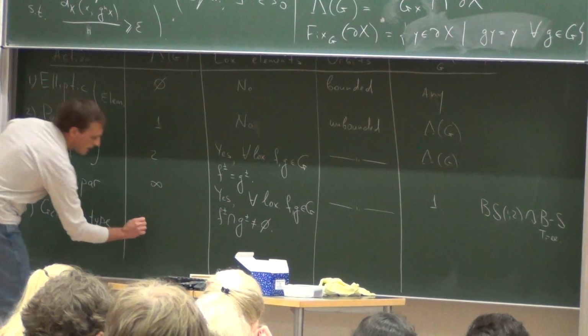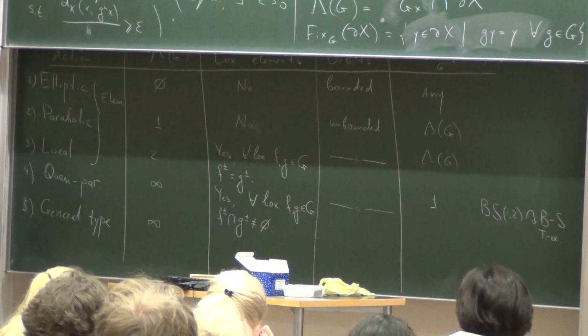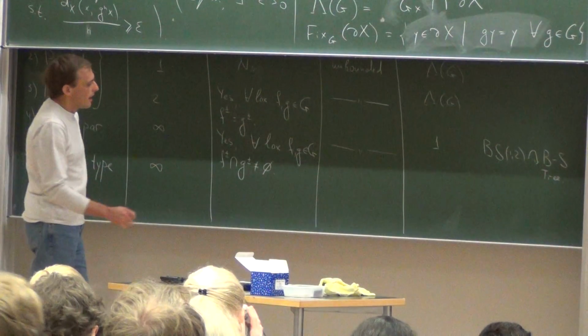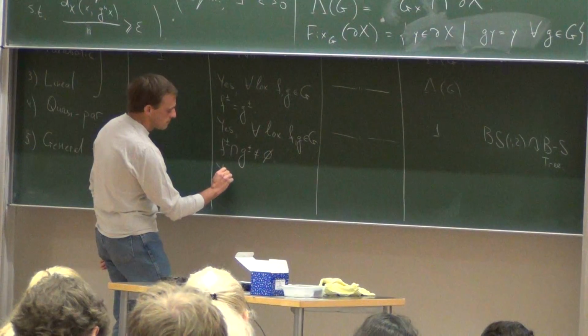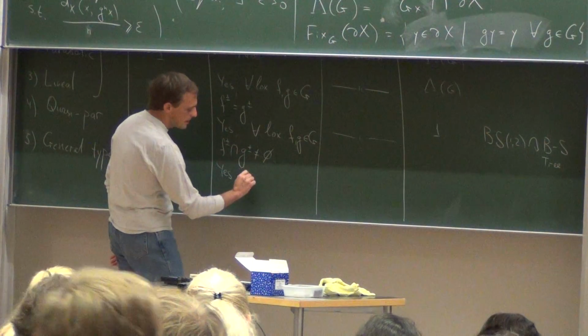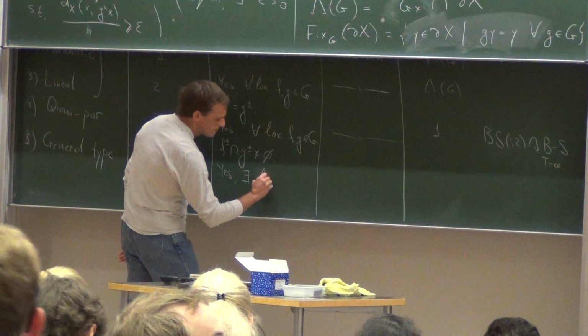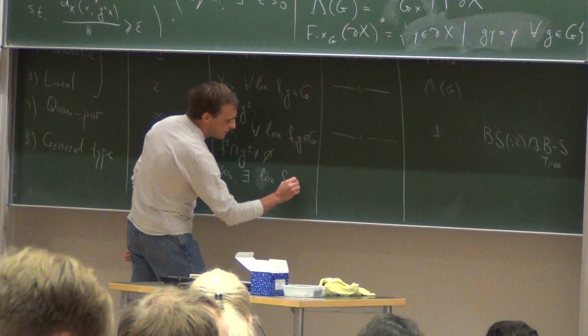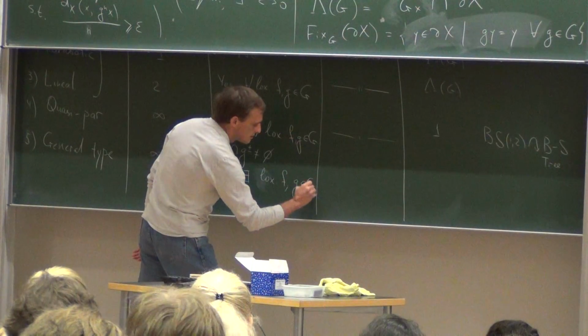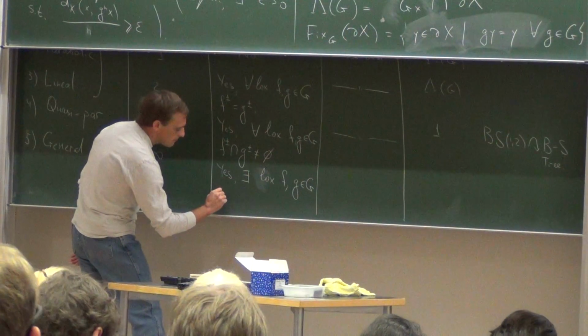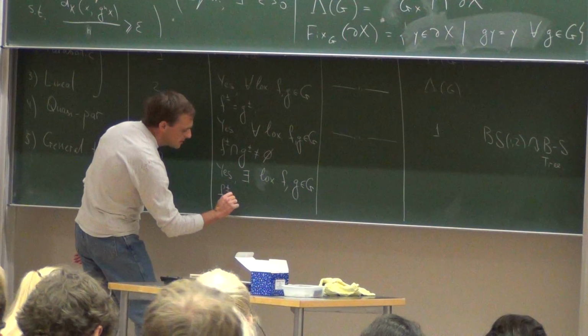And finally, you have general type actions. You still have infinitely many limit points. Here you have loxodromic elements, and there exist loxodromic elements f and g such that they are independent.